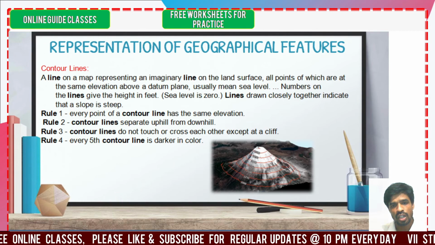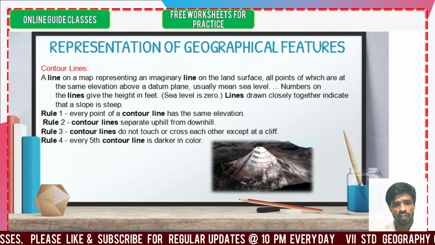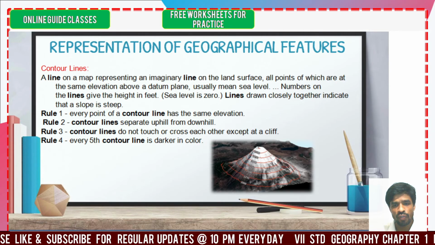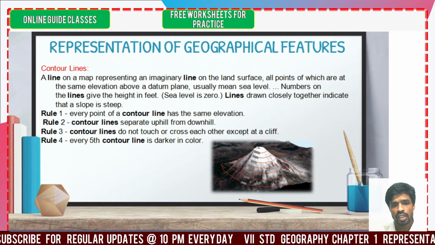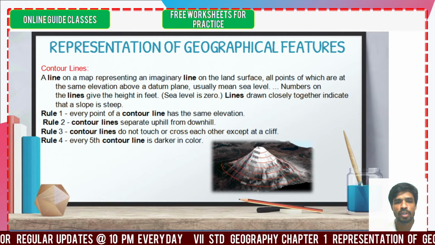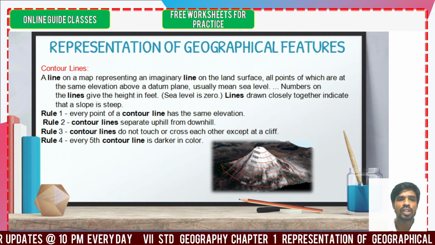It can be touched or it can be crossed. Rule number 4: every fifth contour line is darker in color. So every fifth line, 1, 2, 3, 4, 5, the fifth line is marked in a dark brown color. Please remember this, my dear friends. So these are some of the rules and definitions of contour lines.